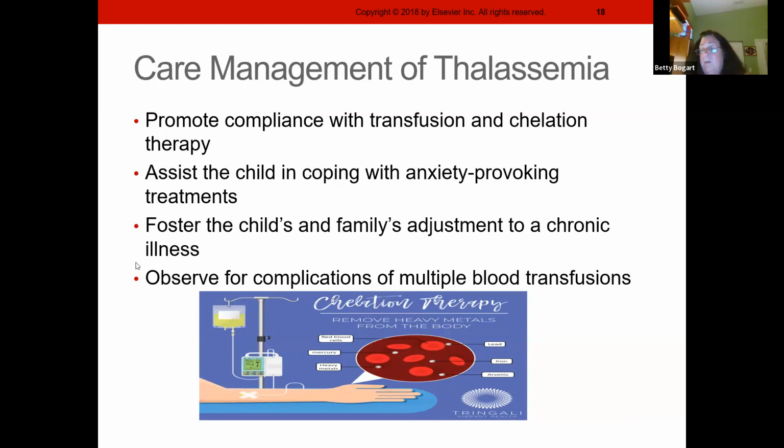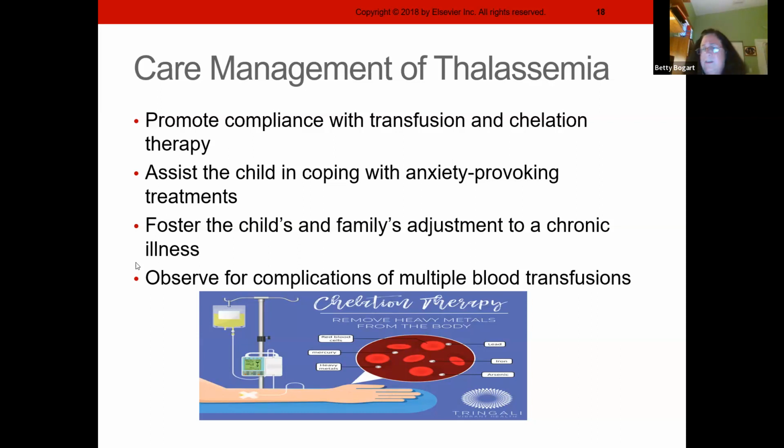And then they're also going to have to be monitoring that iron and making sure that they take either the PO chelation therapy or use that apheresis machine. Again, another time to go in for treatment to get that iron pulled off the body. These children are in and out, constantly getting pinched with IVs.